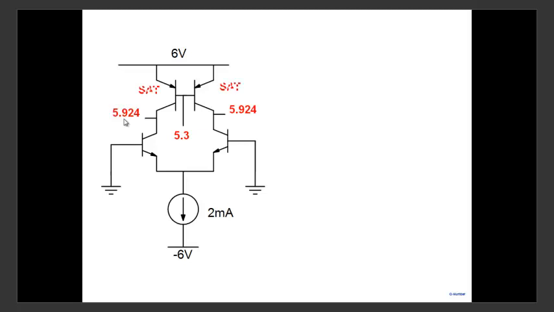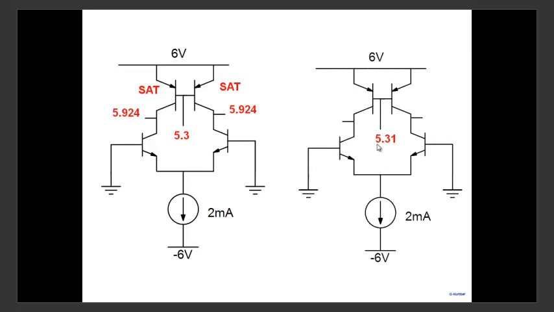The transistors are in saturation, and these are of course in the linear region here. On the other hand, if I put a little bit higher, 5.31, what I end up getting is minus 0.65 here. These transistors go into saturation, and these are fine. So the biasing is extremely sensitive to what you apply here, and it becomes difficult to find a voltage such that both the transistors are in linear mode.